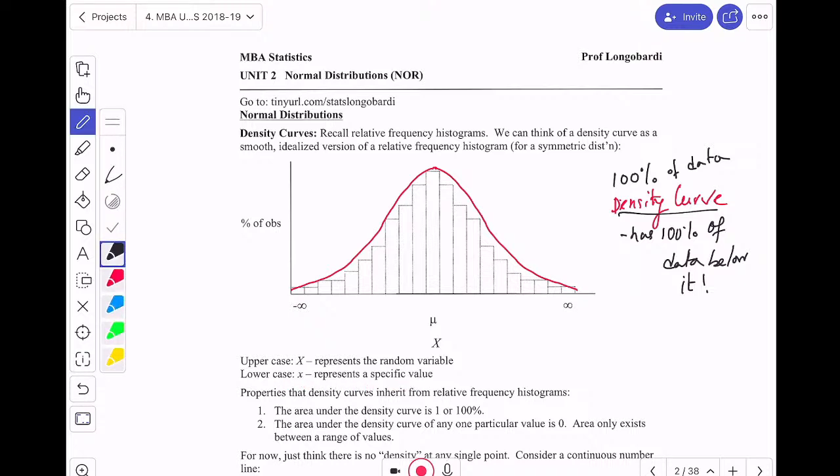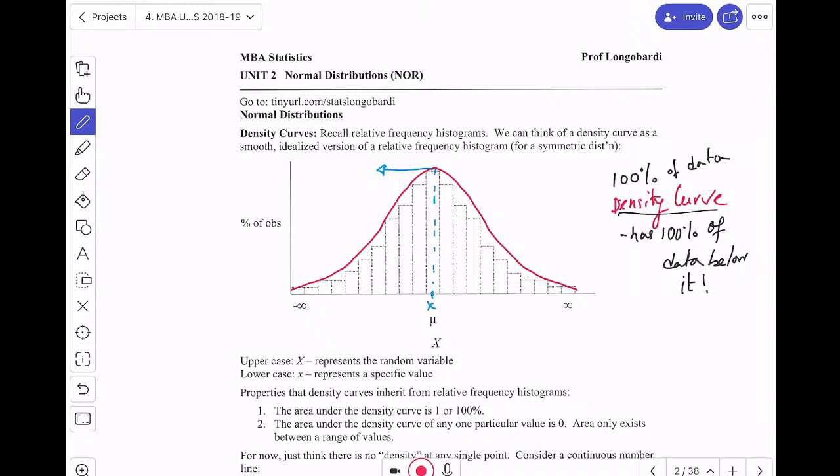So for instance, let's say there's a little x here. What do we call x? And I'll use colors.